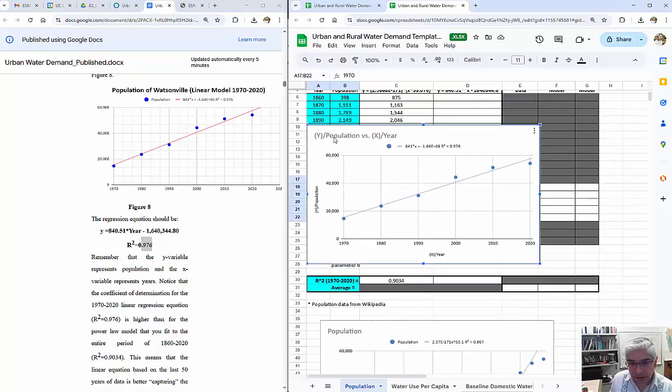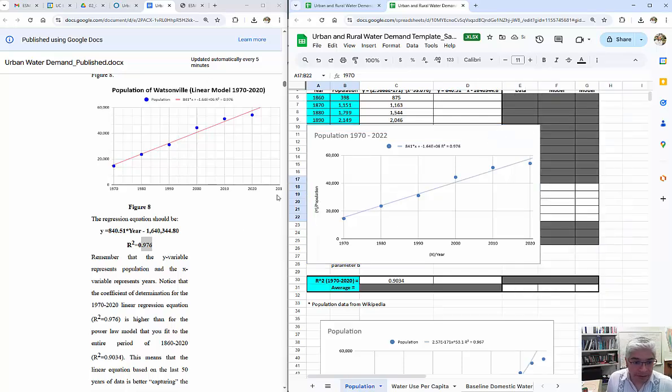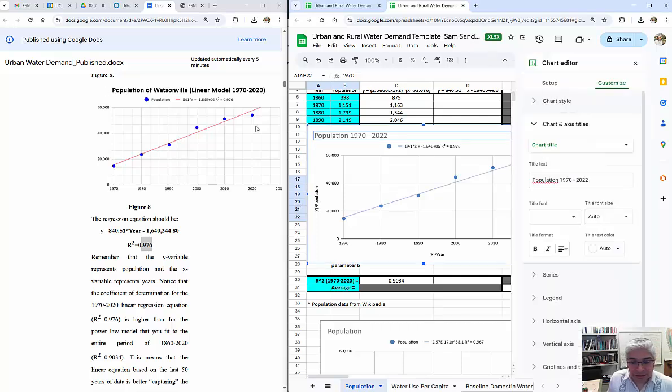So we can also have here in the chart title exactly the same title: Population of Watsonville, linear model.